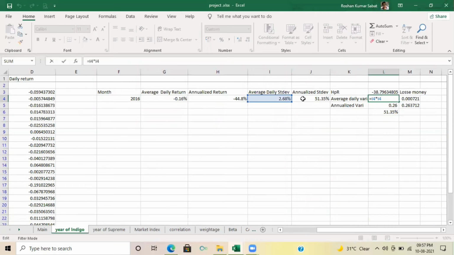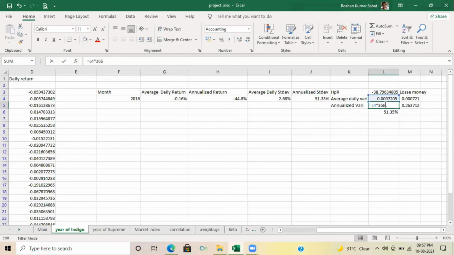You already calculated the daily standard deviation, the average daily standard deviation. By multiplying both, you can calculate the average daily variance. After that, for the annual standard deviation, you have to use 366, because 366 is the whole leap year days for 2016.